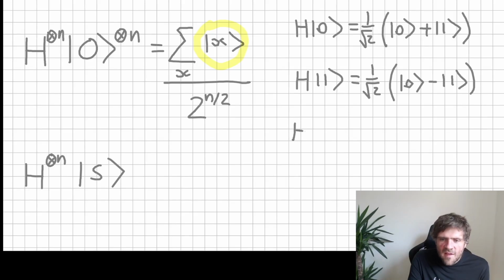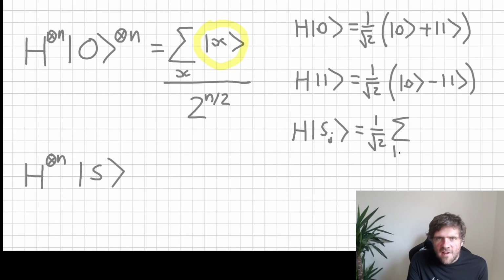So let's say we apply H to one of the digits of s. Let's call it s_j. So this is either a 0 or a 1. And we get out 1 over the square root of 2 times the sum of the corresponding digits of x. Well, basically sum over 0 and 1. But to keep it general, I'm going to say that these are summing over the jth digits of this bigger bit string, x.